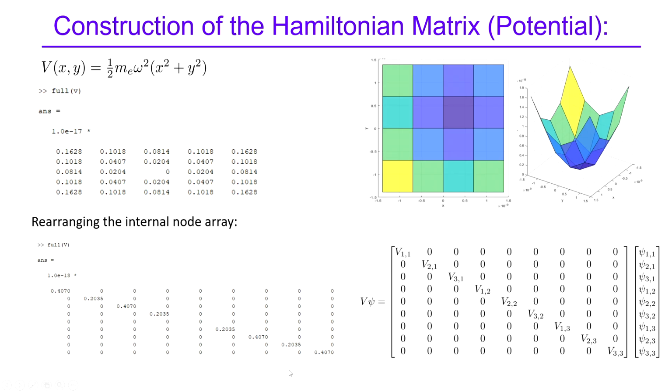Thus we can build the diagonal matrix of potential energy, and it's like this form.